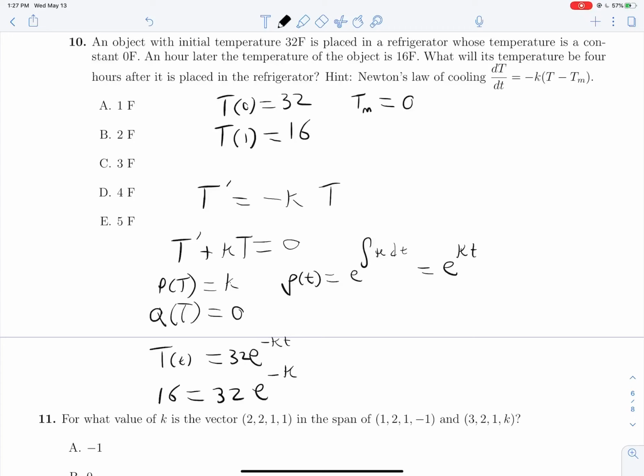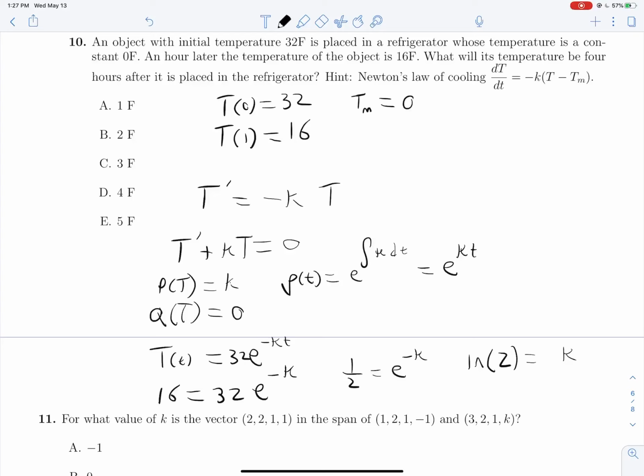Dividing this 32 out, we see that 1/2 is equal to e to the negative k. Taking the natural log of both sides, the natural log of 1/2 is equal to negative k. We can move this negative over and apply a property of logs, and turn this into the positive natural log of 2. And we see that that is equal to k.